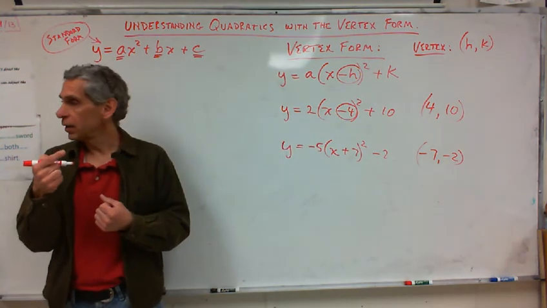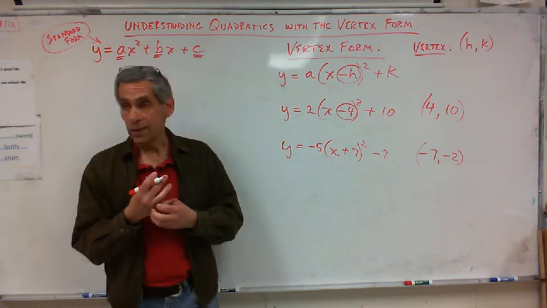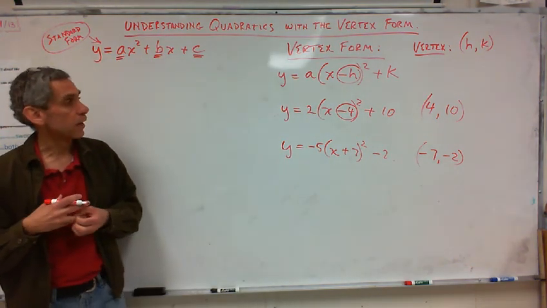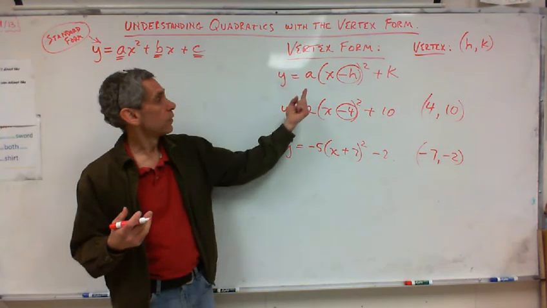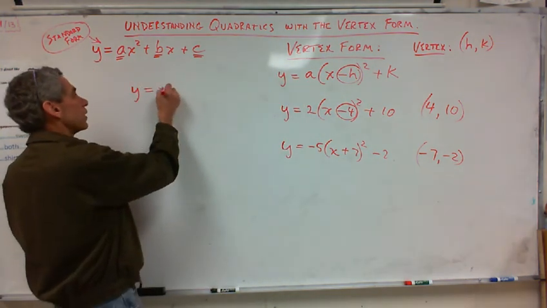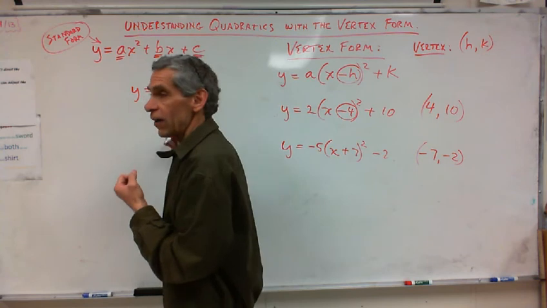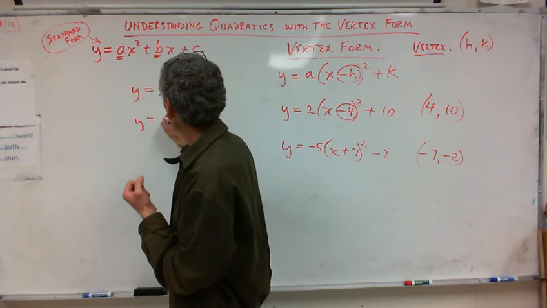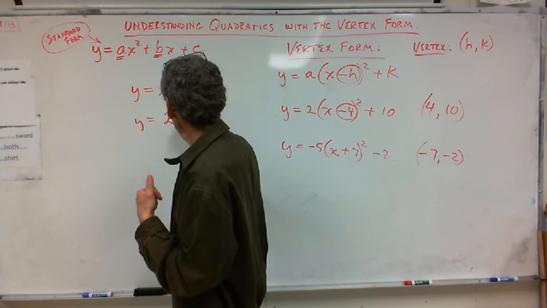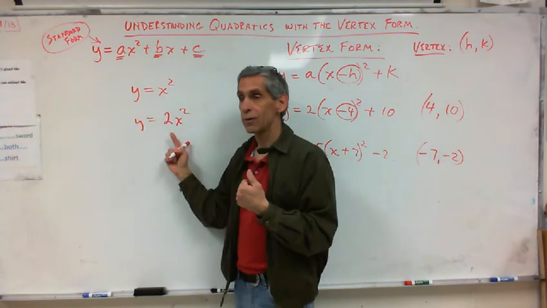You plot that point, and then you can use standard parabola. Now the question is, what is standard parabola with the vertex form? Remember, standard parabola is this: y is equal to x squared. But if I had y is equal to ax squared, like 2x squared, it would be standard parabola times 2.